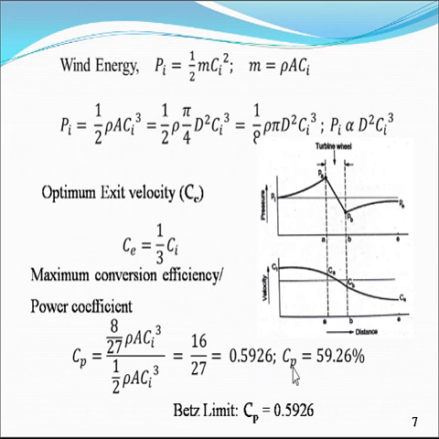So the maximum conversion efficiency or maximum power coefficient is 59.26%, and this is called the Betz limit, above which no rotor can go. The maximum conversion efficiency in the propeller rotor has a value of 0.45.